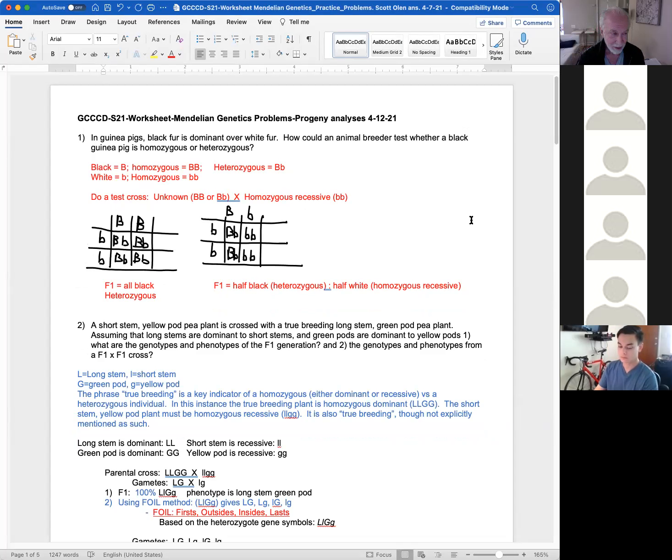I want to emphasize that it's really important to read every word in this type of question very carefully, because there are key words that give you a lot of information. Just looking at that second sentence, how could an animal breeder test whether a guinea pig is homozygous or heterozygous? What does that immediately tell you about what kind of a test this is?